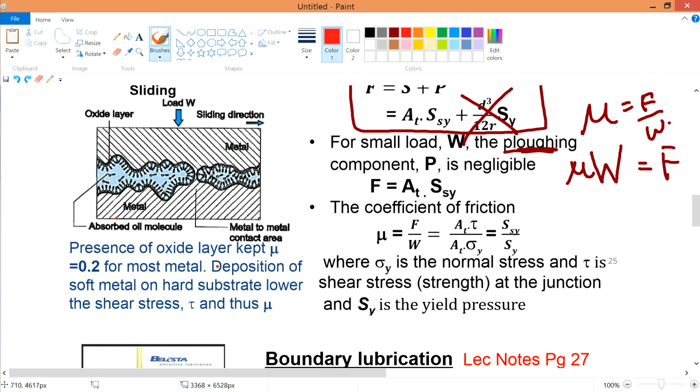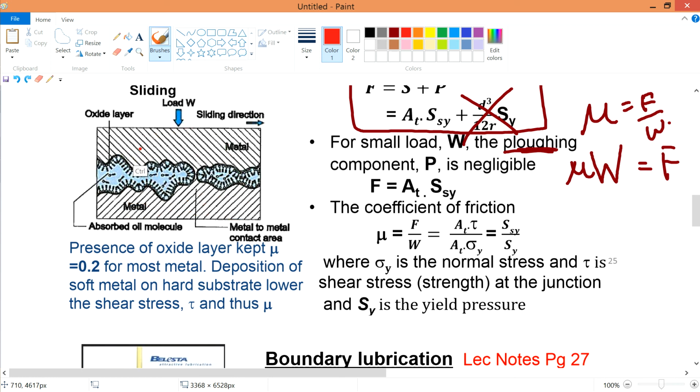I don't know whether I am right or wrong, but the deposition of the soft metal on the hard substrate will lower the shear stress. I think the oxide layer itself, to a certain extent, has an absorbed oil molecule over here. So this oxide layer is some form of lubricant to a certain extent. This is the harder part, this is the softer part, for example.